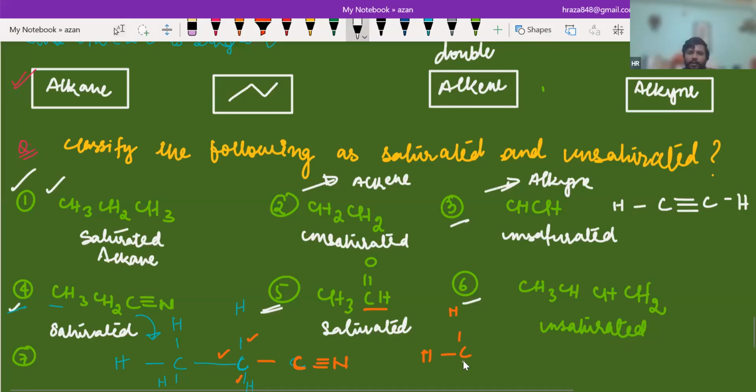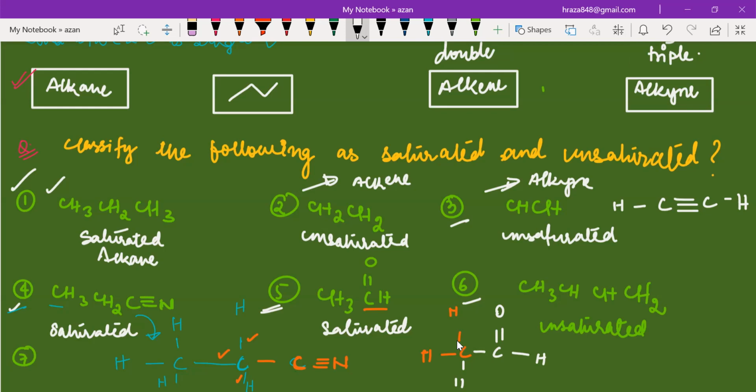So as you can see, this has 3 hydrogens, and there is another carbon, so it will make only one bond, and so it is saturated, the bond between carbon is the same. Is that clear? Yes, sir.